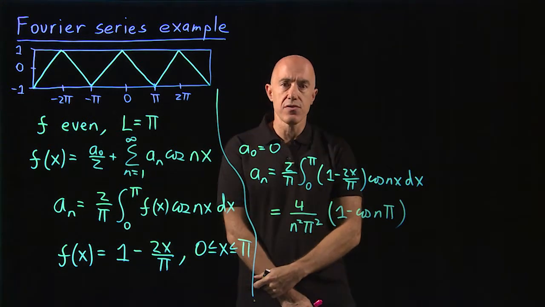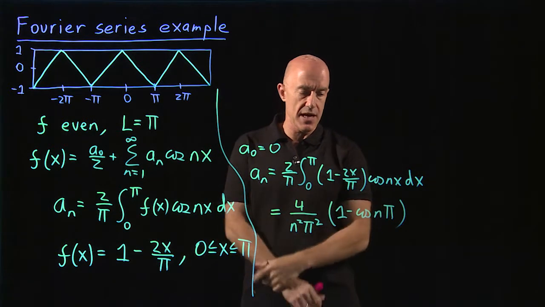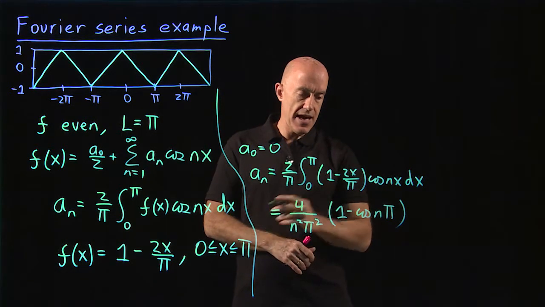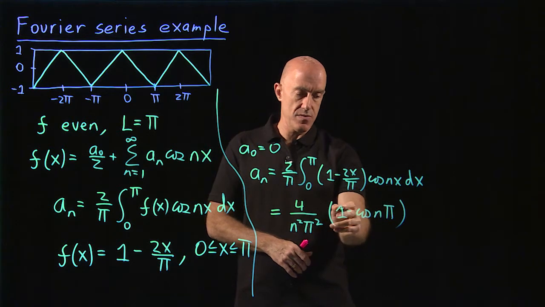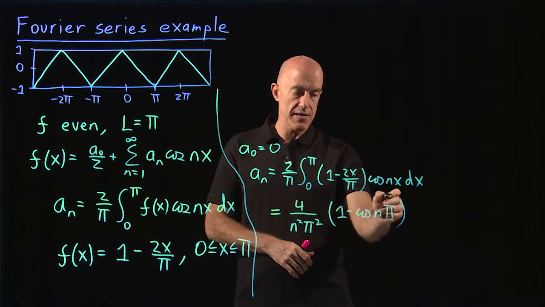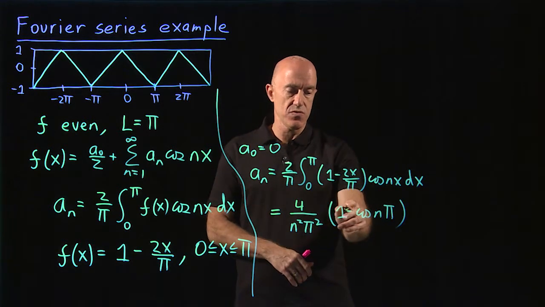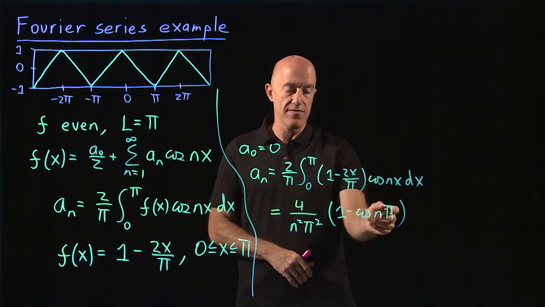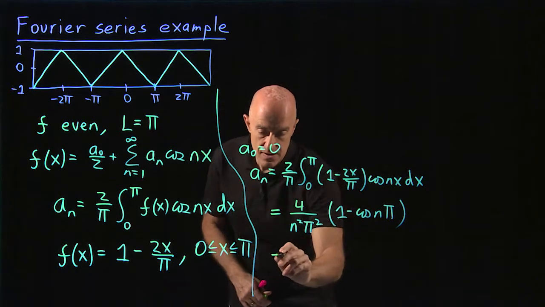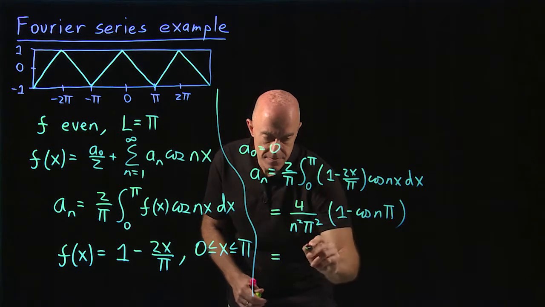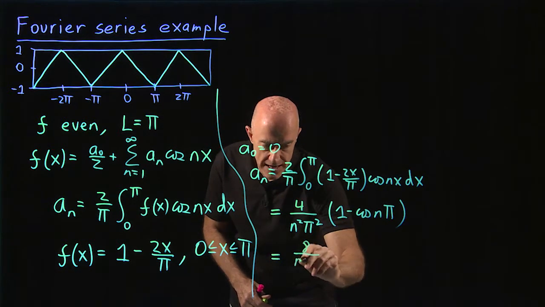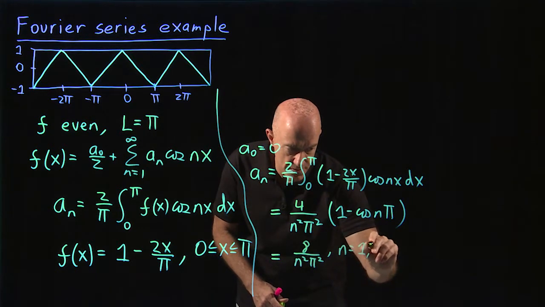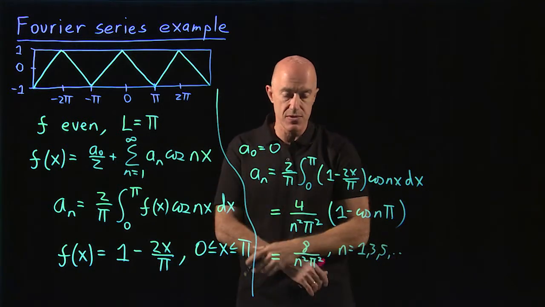And the value of 1 minus cosine n pi depends on n. If n is 1, say, we would have 1 minus cosine pi. Cosine pi is minus 1, so we would get 2. So if n is equal to 1, 3, 5, we would get 2. So that would be 8 over n squared pi squared when n is equal to 1, 3, 5, odd numbers.